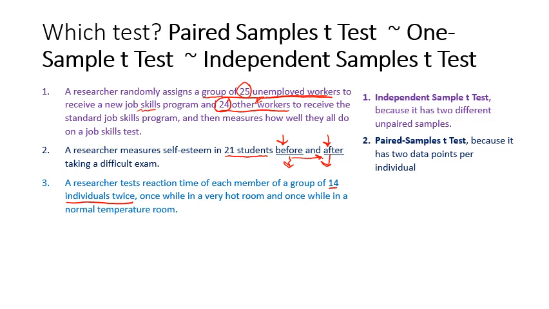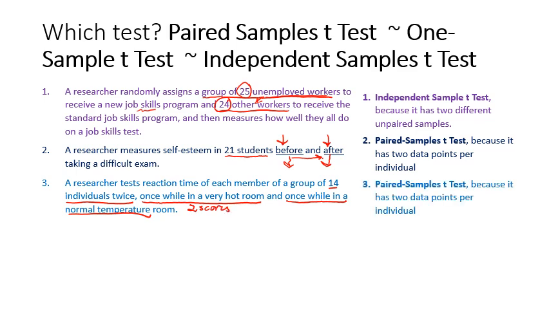How many scores per individual? And so we have one score for each person in a very hot room, and then another score for each person while in a normal temperature room. So 2 scores per person. And whenever we have this kind of situation, we know it's again a paired samples t-test. 2 data points per person, 2 columns of data.